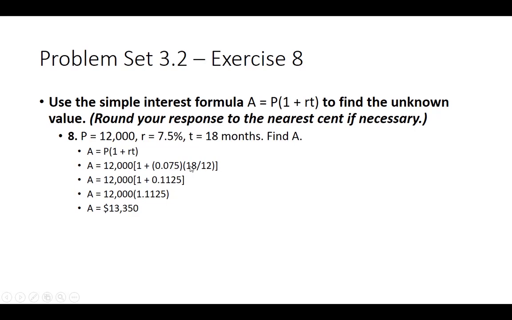First, take care of R times T. So 0.075 times 18 divided by 12 gives us 0.1125. 1 plus 0.1125 is 1.1125. And that times 12,000 gives us an answer of $13,350 for A.